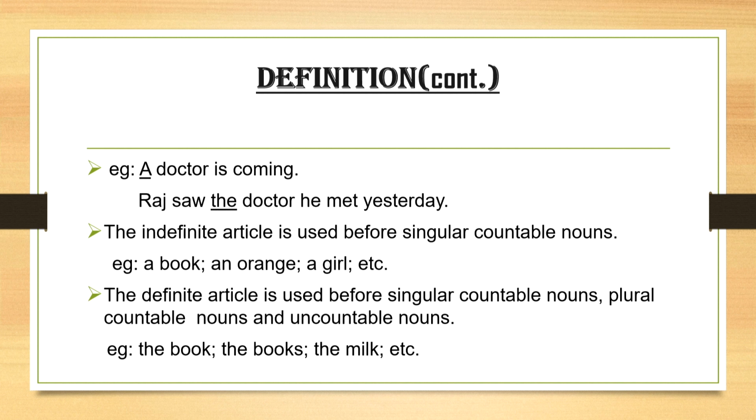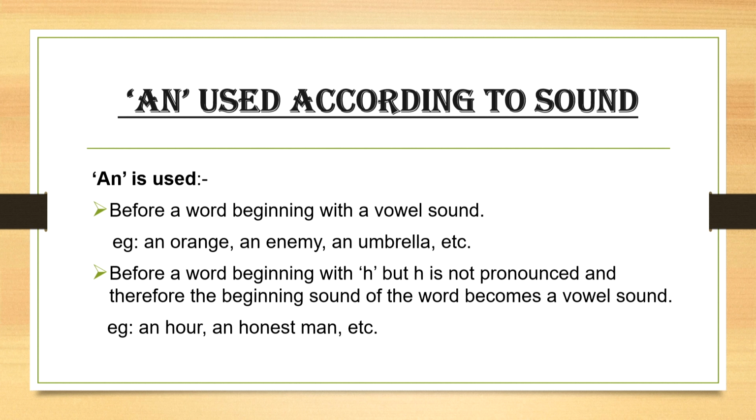So, here the book would represent singular countable noun, the books would represent plural countable noun, because books are countable, and the milk would represent uncountable noun. And so on.